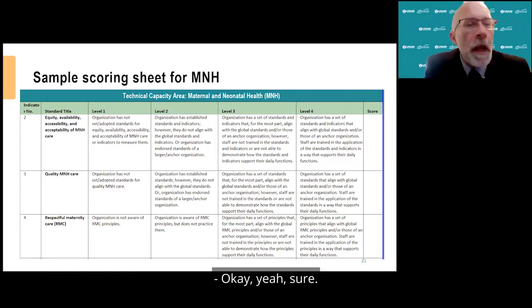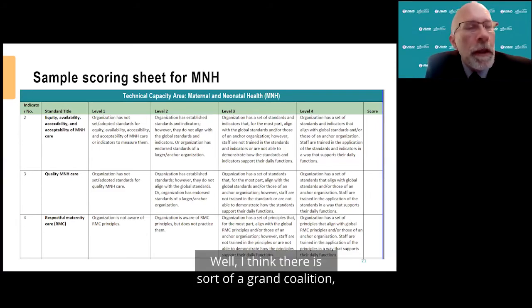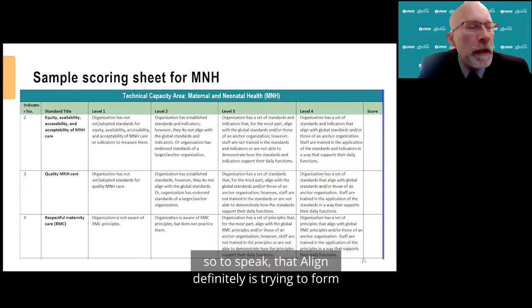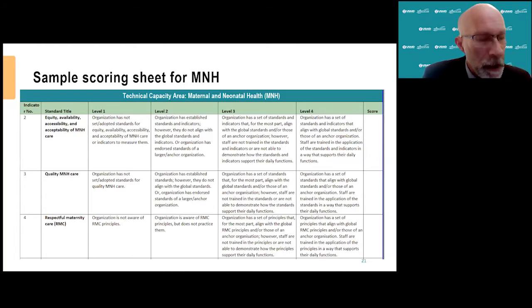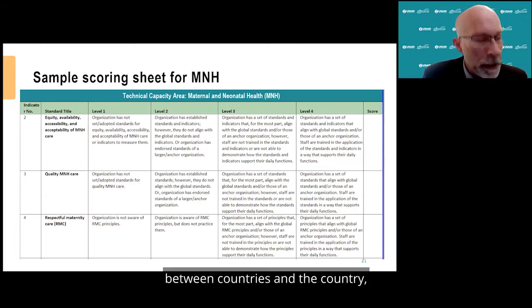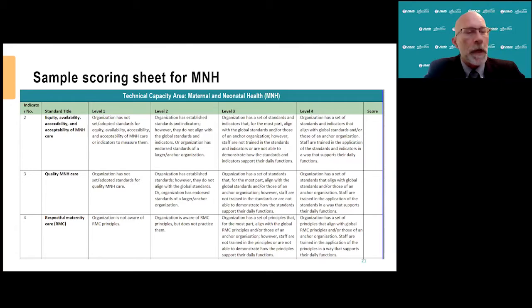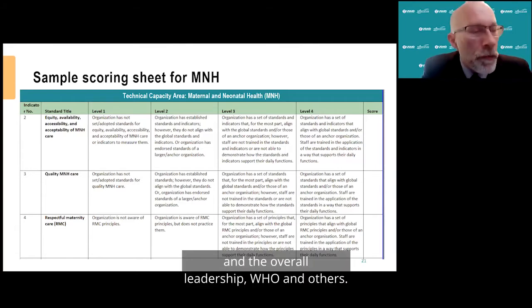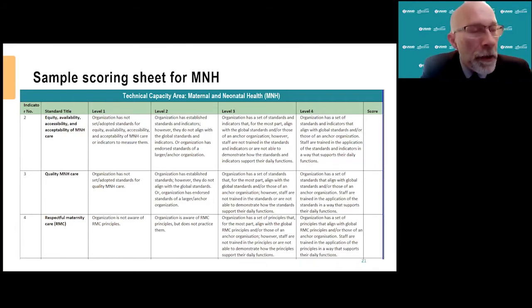Okay, yeah, sure. Well, I think there's sort of a grand coalition, so to speak, that Align definitely is trying to form between countries and the country and the overall leadership, WHO, and others.